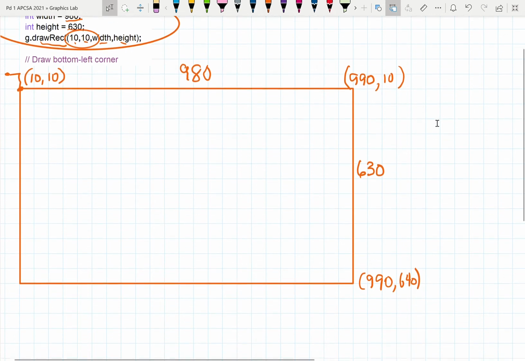Again, positive going down. And this corner of the box, the lower left-hand corner, its coordinates are 10, 640. And it is important to know that because we are going to be drawing lines across this box, and we have to go all the way to the corner. So we do need those corner coordinates.